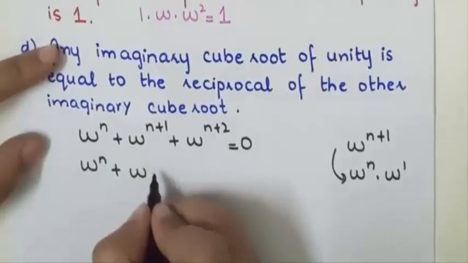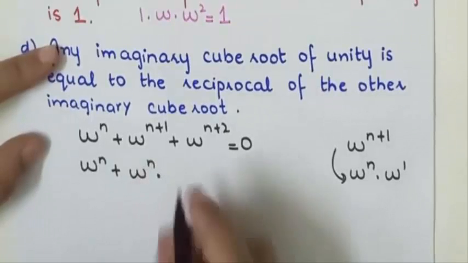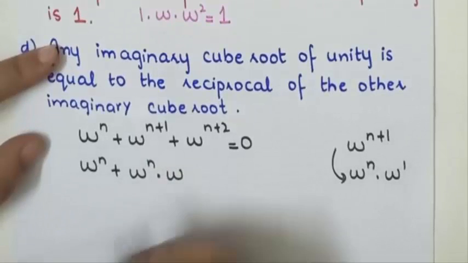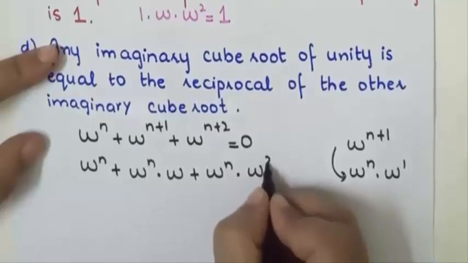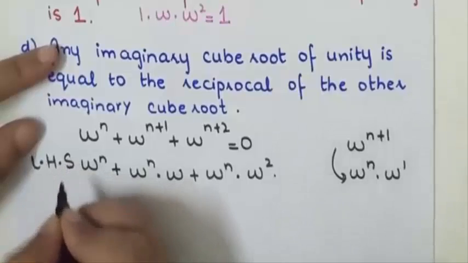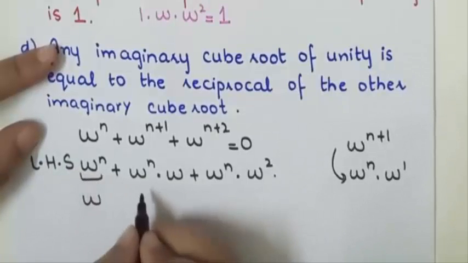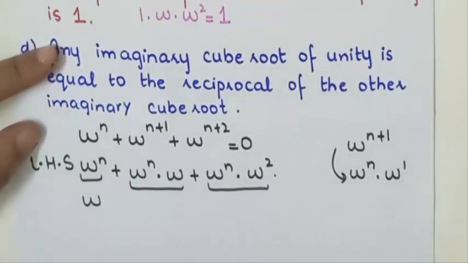So we will split it into omega raised to power n, plus omega raised to power n into omega, plus omega raised to power n into omega square. We have taken the left hand side. Now this term has omega n, this term has omega n, and this term also has omega n.